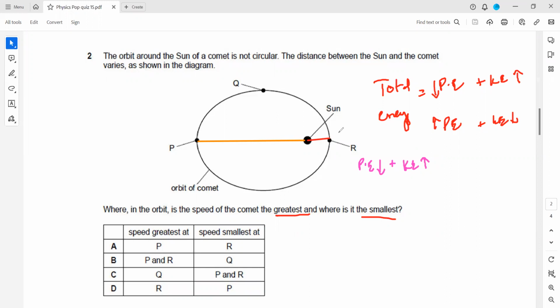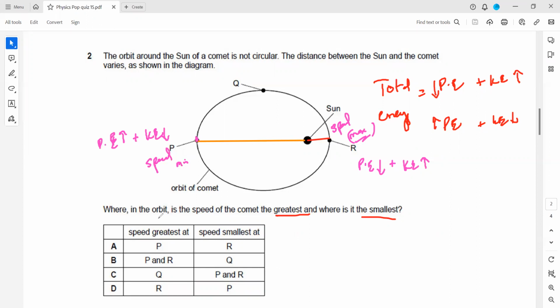So at this point, if the kinetic energy is maximum, the speed should be maximum, the greatest speed. But when it is far from the Sun, the GPE, the gravitational potential energy, is maximum because the distance is more. So the kinetic energy should be minimum. So at point P, the speed will be minimum.